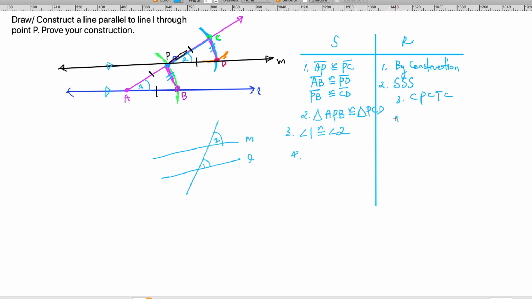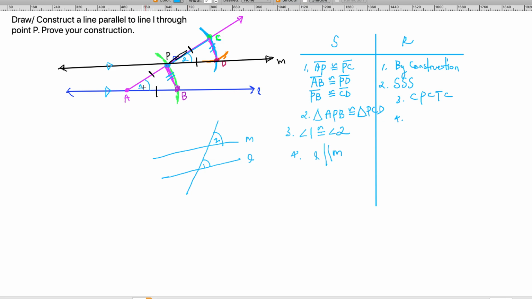My last step is to say that my constructed line M is parallel to L. So L is parallel to M. And the reason for that is that if you look at this picture, 1 and 2, the relationship between them, in this transversal and these two lines, is that they're corresponding. And there's a postulate that says that if corresponding angles are congruent, then the lines are parallel.